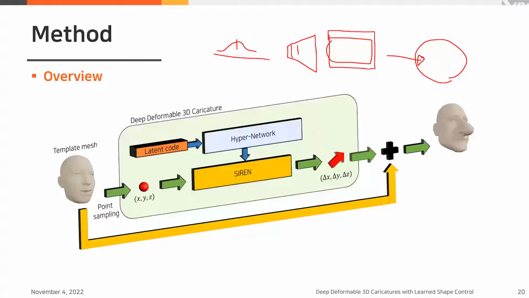And this is exactly the same thing. You sample from the Gaussian points and generate some kind of parameter, and based on that parameter, make this network generate various kinds of 3D caricatures that fit into the given data distribution.